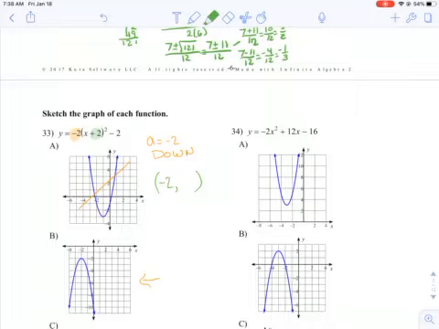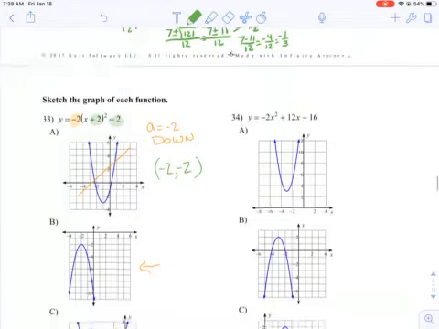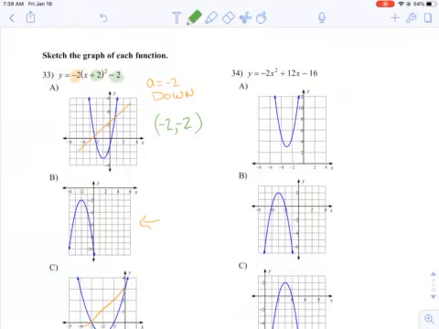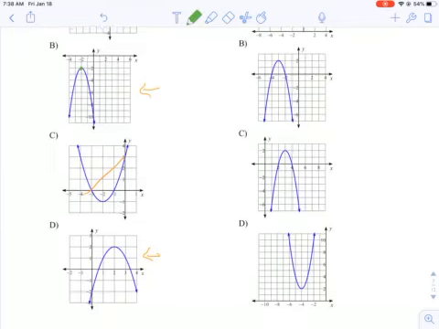And then because this guy is a negative 2, the y has to be a negative 2. So we know that the vertex is negative 2, negative 2. So this guy does have a negative 2 vertex, and this one does not. So this one can't be the answer.